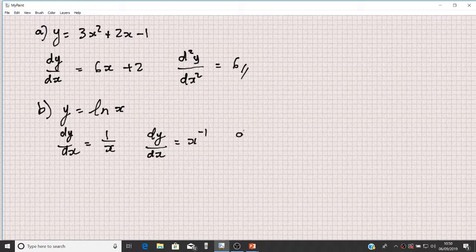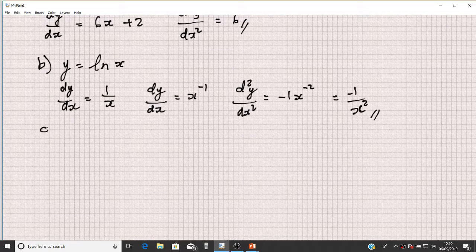So the second derivative, d2y/dx squared, is minus 1 times x to the power of minus 2. We can simply rewrite that as minus 1 over x squared. We don't need to rewrite it, but that is it simplified.